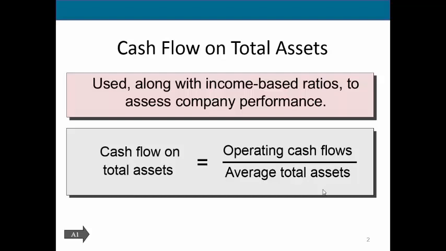Because the bottom line is that although net income is important, if a company doesn't have the cash on hand, if they're not producing cash from their operations, eventually they will run out of resources in order to carry out their business.